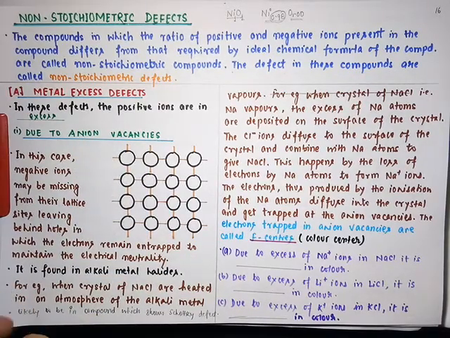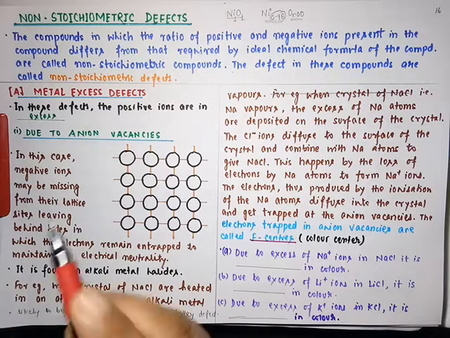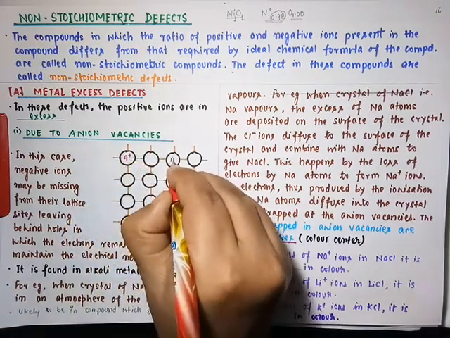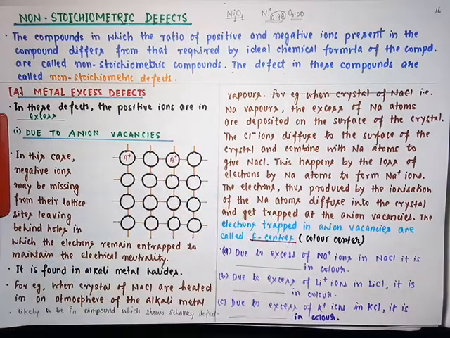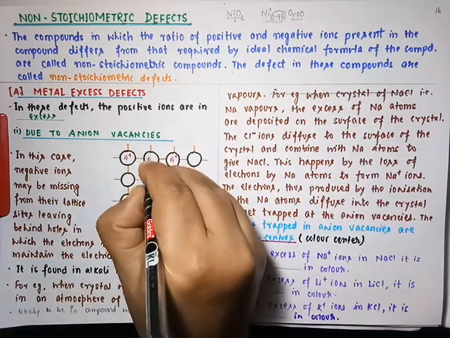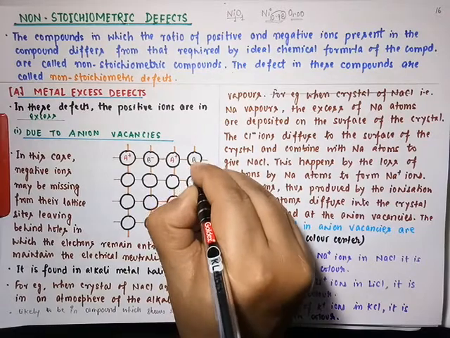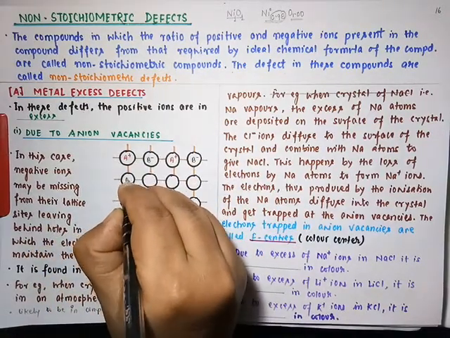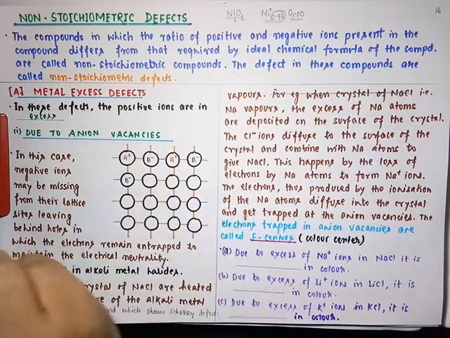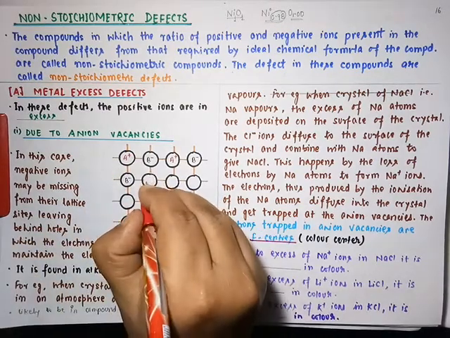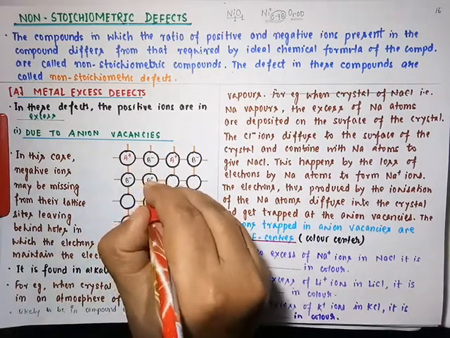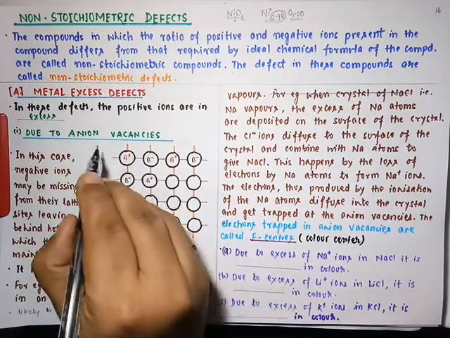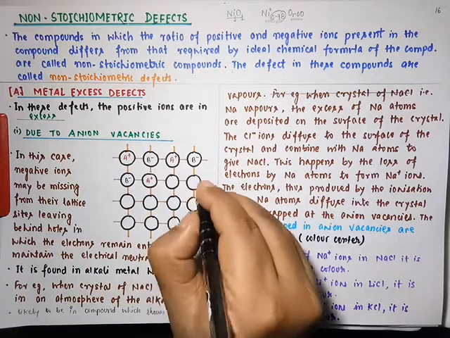So let me draw this, student. We have A plus as cation, B minus as anion. Here this is A plus, then there should be B minus, but I am not writing it here because of anion vacancy, anion is not there.